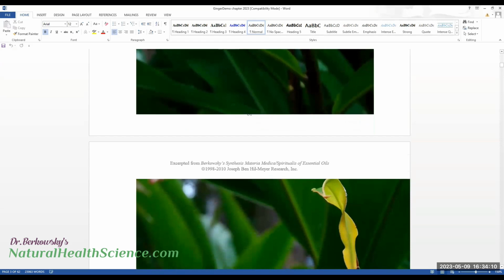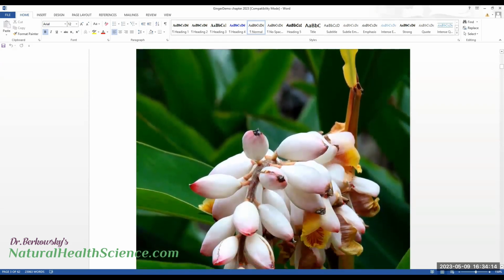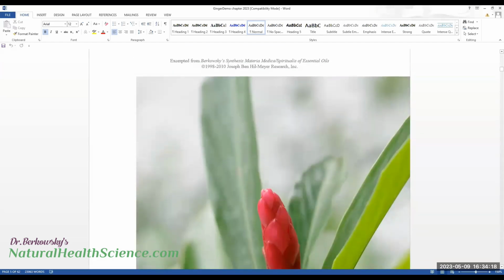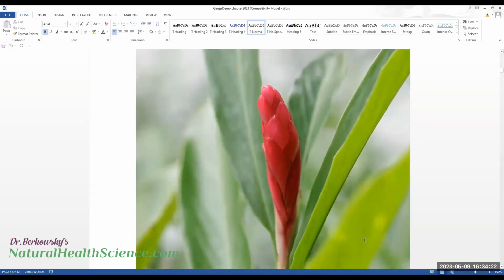Now, let's just take a look at one more picture here. This basically looks like I did the same picture twice. This is another variety of ginger. You can see there are different flowers on ginger. So if you really know which variety you're working with, and I don't get into it on that level, and you know it has the red flowers as opposed to the white flowers, this does have quite a bit of pink in it, but there is more red.